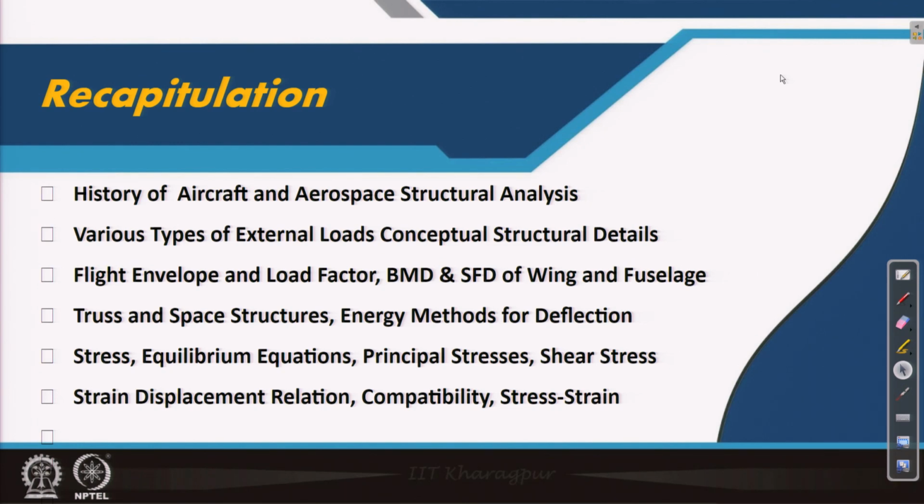It is related to whatever we have covered in our course till date, starting with the history of aircraft and aerospace structures or solid mechanics, how people started it, how Leonardo da Vinci did the first experiment, and then slowly we have come across many things and to the derivation of cell and other things.